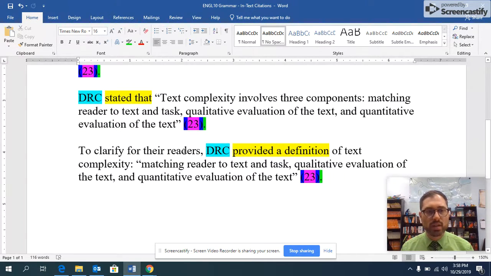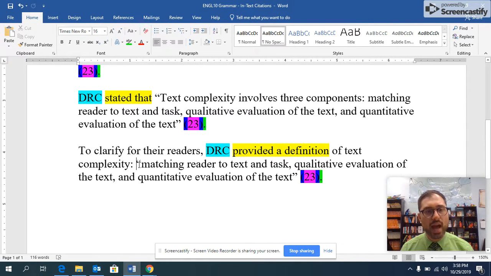We have this example, "DRC stated that," and I give the quote. But sometimes I want to introduce a quote with a colon even. So maybe I want to shorten the quote I'm using and I want to say, to clarify for their readers, "DRC provided a definition of text complexity:" saying, hey, something big's coming after this. And it's a full sentence before the colon.